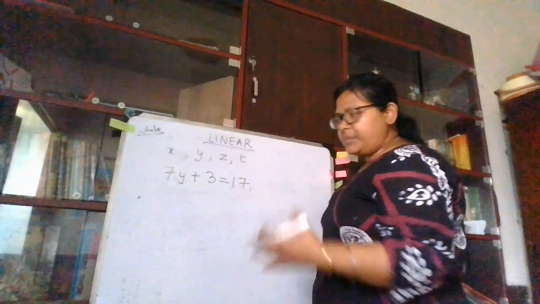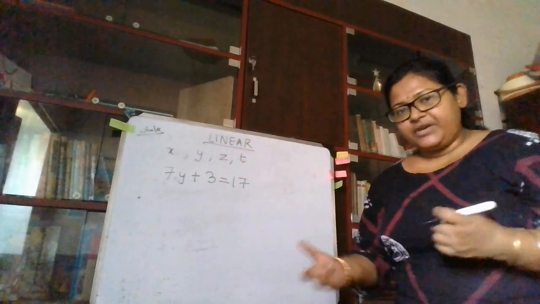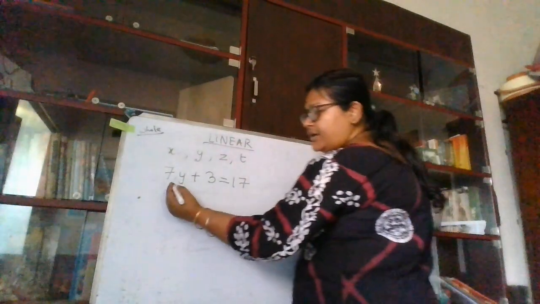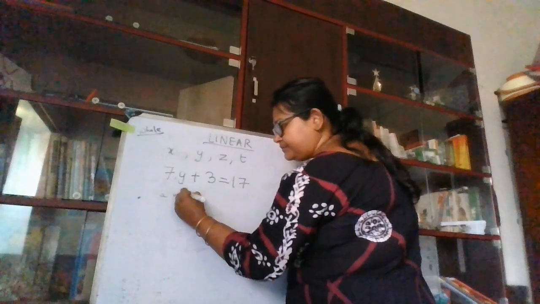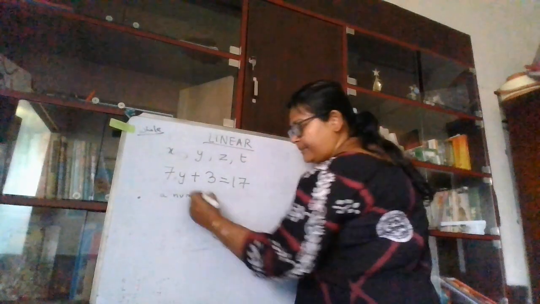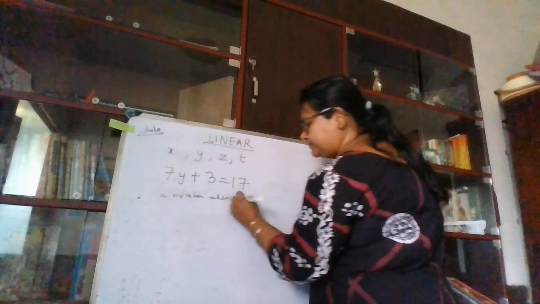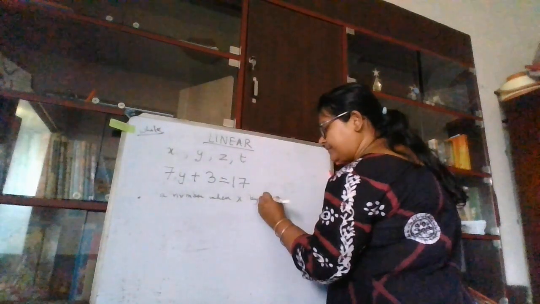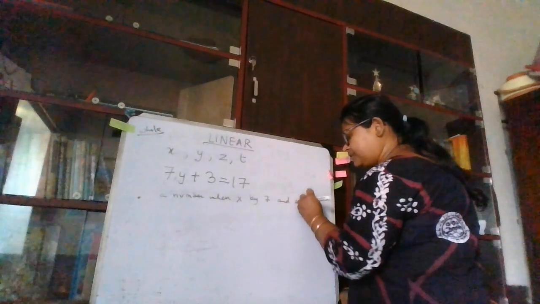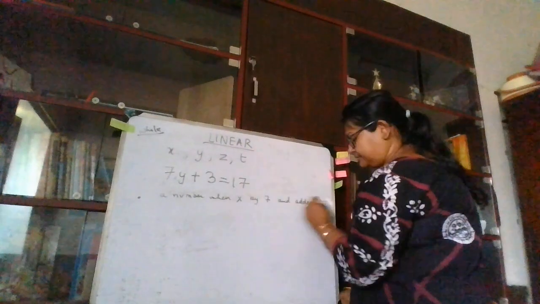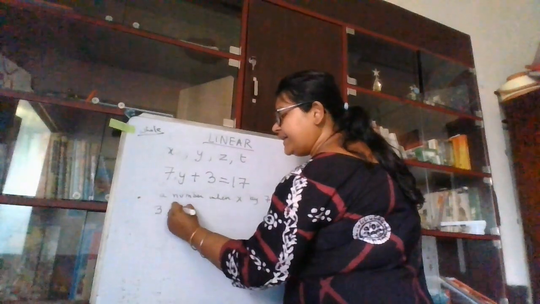You can know others also, but let me tell you the ones I am remembering. A number when multiplied by 7 and added with 3 gives us 17.